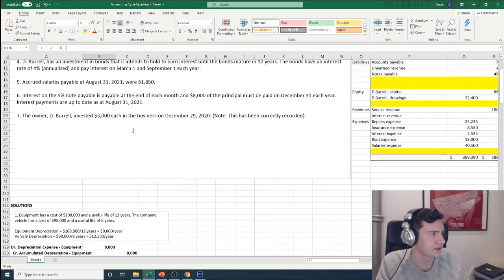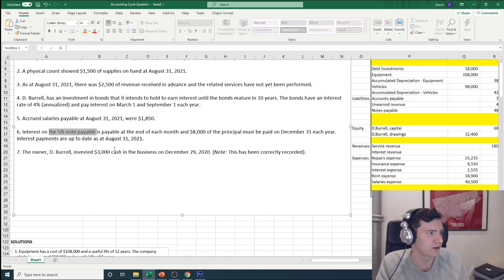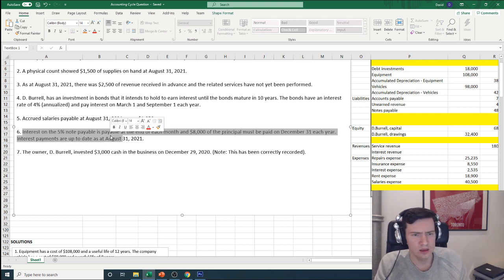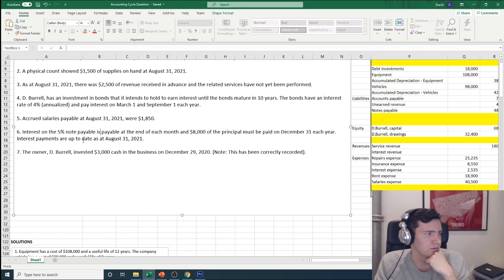Next up is the interest on 5% note payable is payable at the end of each month, and $8,000 of the principal must be paid on December 31st each year. Interest payments are up to date as of August 31st, 2021. So this one's a little bit tricky because it's not an adjusting entry.